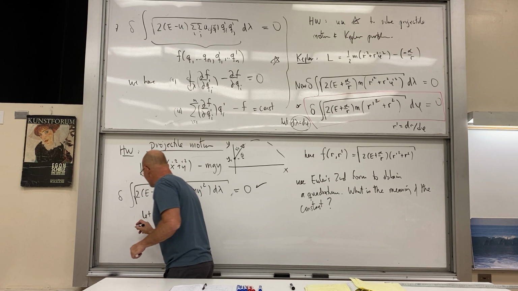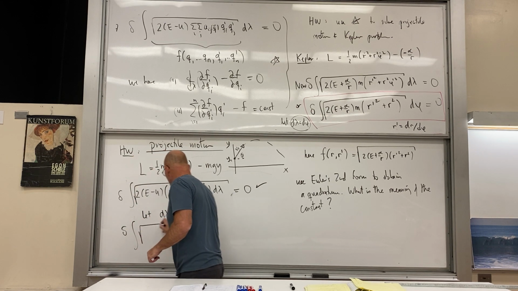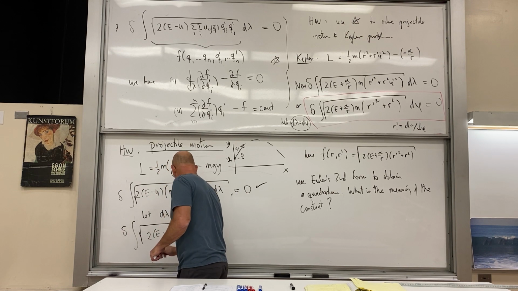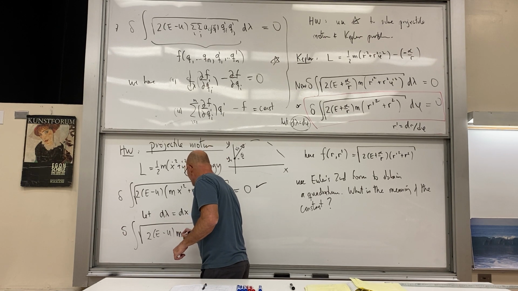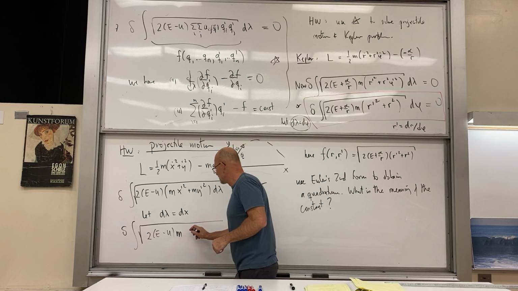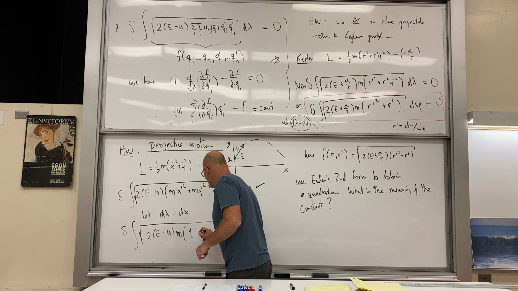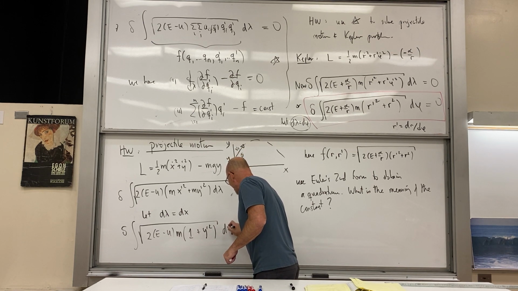Then what are we looking at here? Integral square root of 2 (E minus U). I could pull the m out. So now it's dx over dx squared. So that's just a 1 plus dy dx, so that's the y prime squared, dx.